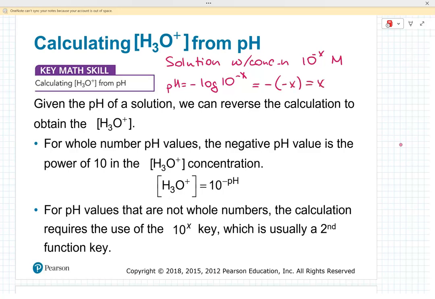Sounds good? Now if I ask you how to calculate concentration, you take the value for pH and use it as a negative exponent on top of 10. That's it. Make sense?